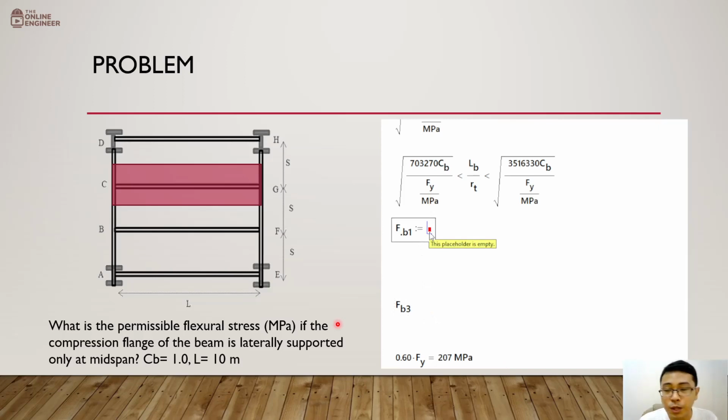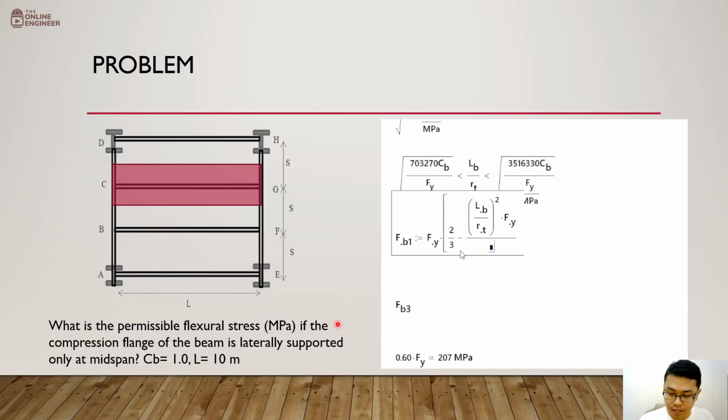All right. So this is what we're going to do. First, we're going to solve for FB1. So what is the formula for FB1? The formula is Fy multiplied by the quantity. This is a fairly long formula, but you can always refer to that first video that we have, or refer to your notes if you're able to take down notes. This is 2/3 minus, in the numerator, LB over RT squared times Fy, divided by 10.55 times 10 raised to the 6 multiplied by CB.